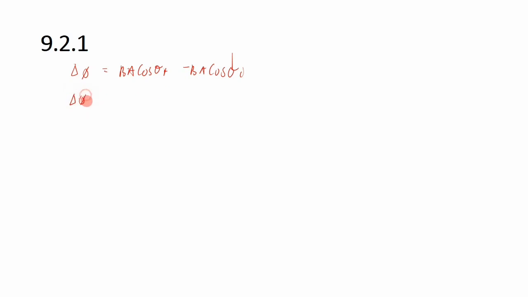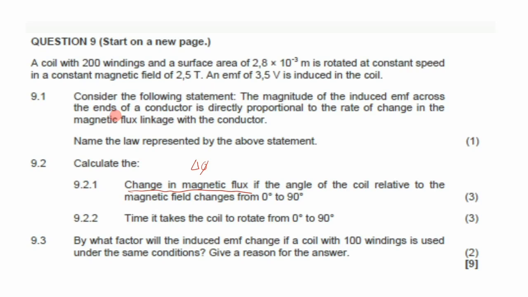Looking at this, BA is a common factor, so we can factor out B and A, and then we have cos theta finally minus cos theta initially. Now we can start to calculate. The magnetic field strength we've been given is 2.5 Tesla, and then this is our area.